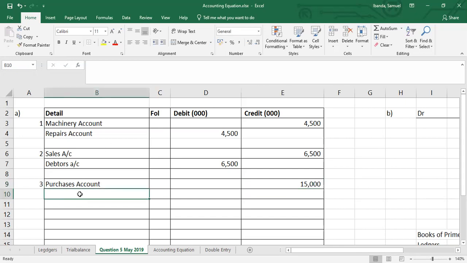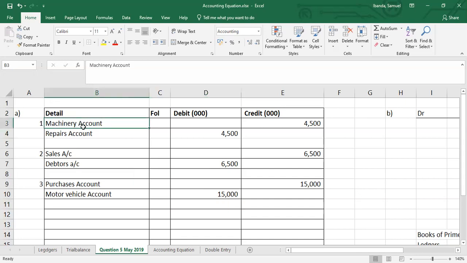And make sure that you put it in the right account, which is the motor vehicle account, of 15,000. And you've corrected that error. You get it? You are just basically correcting what was done wrongly and putting things in the right account.